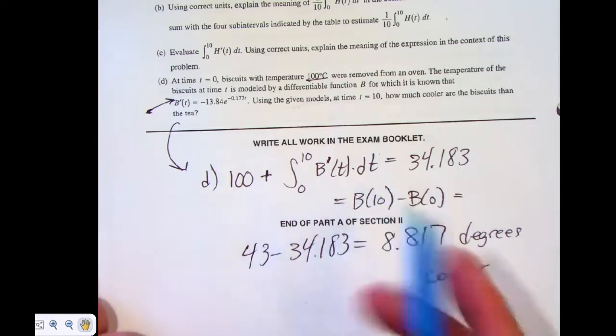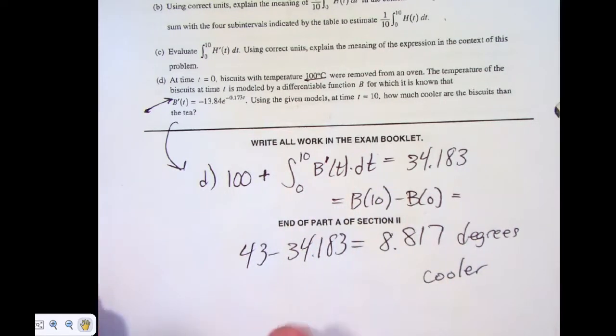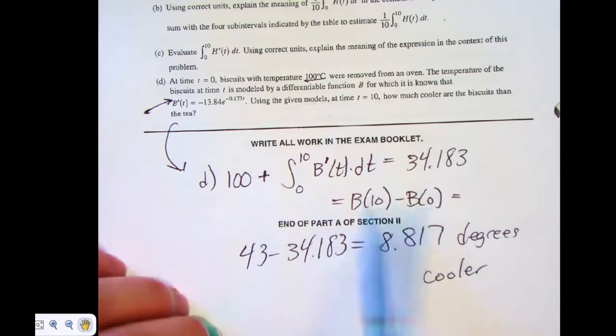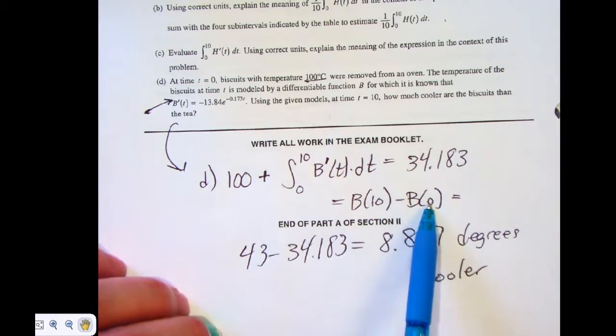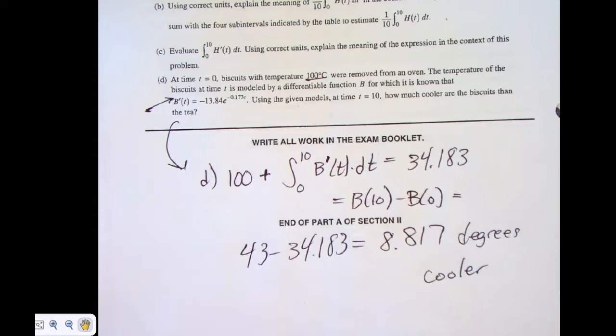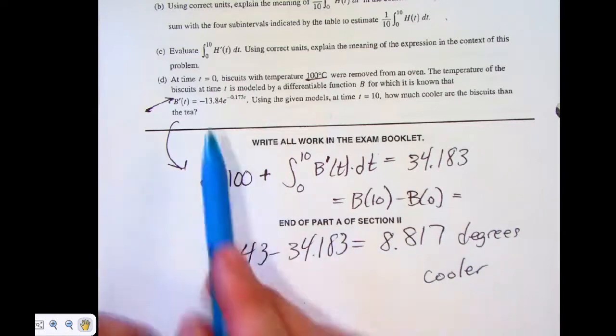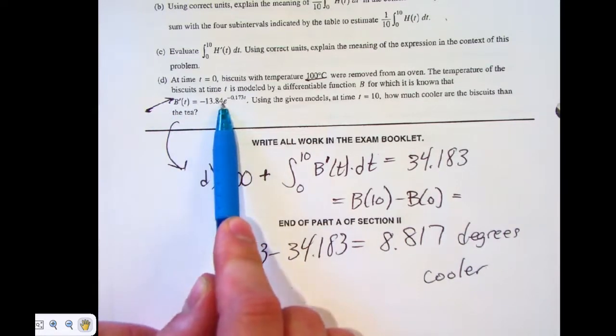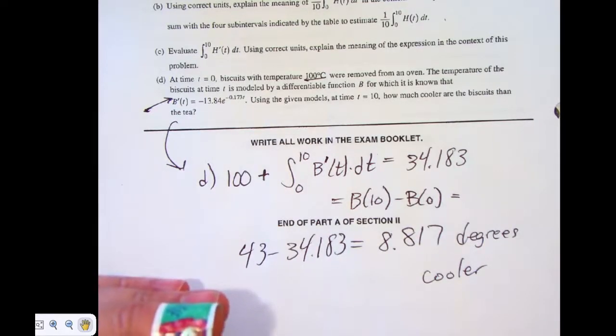I'm plugging that into the calculator and having it integrate between 0 and 10 for me. Is that right? Yeah. I just know the B prime equation. I don't know the B equation. So whatever equation's here, you're not plugging into that, you're plugging into the level above that. I don't know that, so I can't use that approach. But I do have a calculator, so I just type it in there.